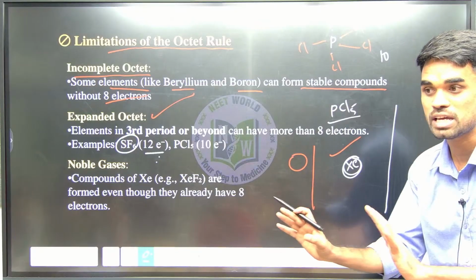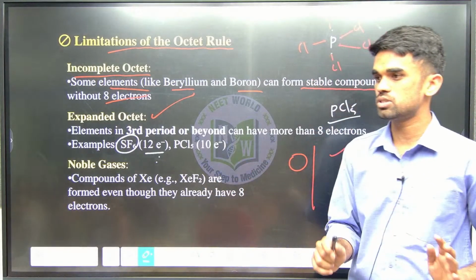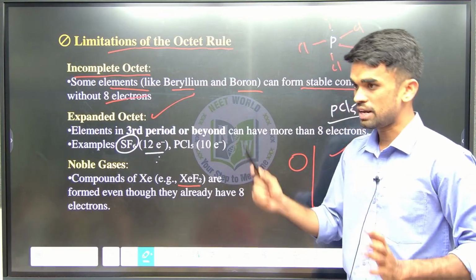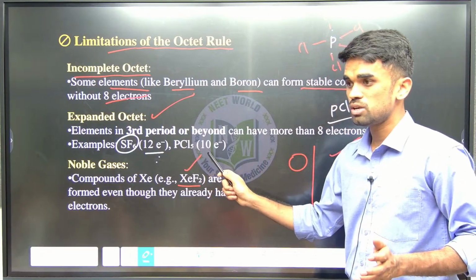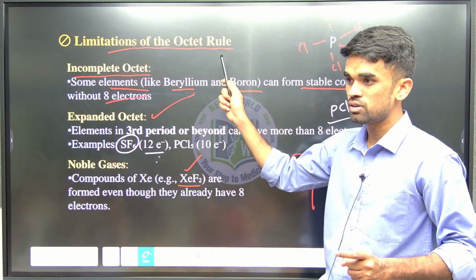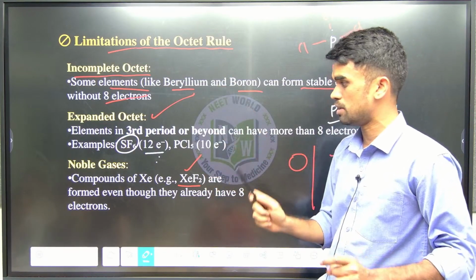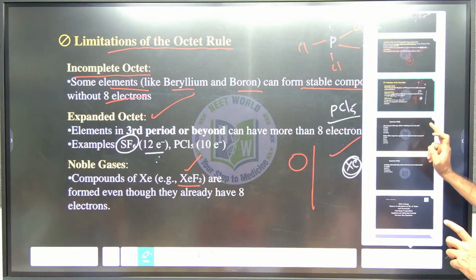It should not show any chemical reactions right now. But that xenon is forming some compounds. For example, XeF2 or XeOF4, some different compounds are possible by xenon. So it means this is also a limitation of octet rule. Okay, these are the 3 limitations you should remember. Next, yeah, identify this.